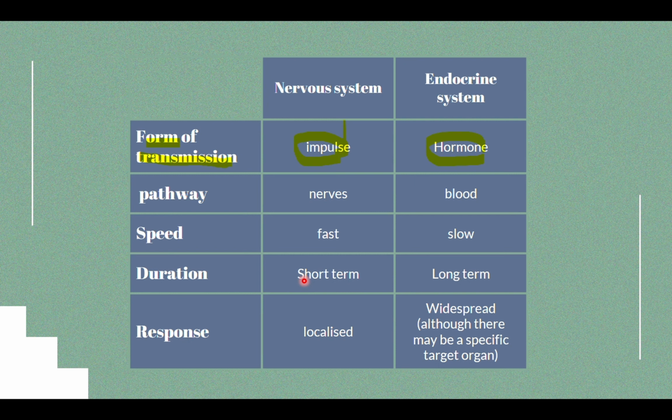Lastly, the response. The nervous system is localized, so it is for a certain point, while the endocrine system is widespread. It would be for certain target organs, let's say the heart, the eye, the feet. But the nervous system is for a certain part. It is localized.